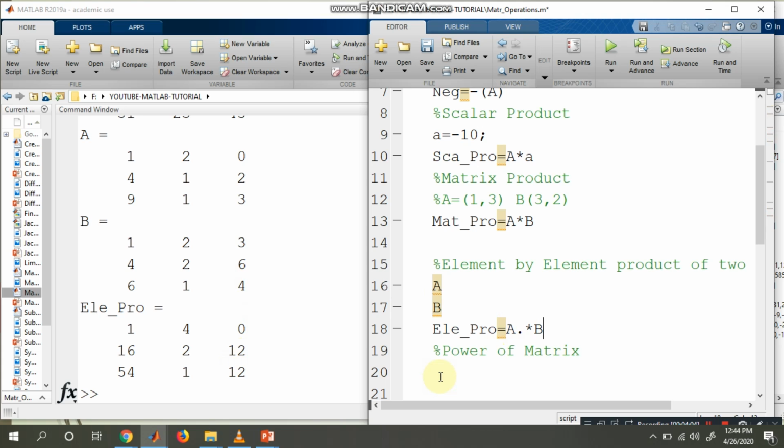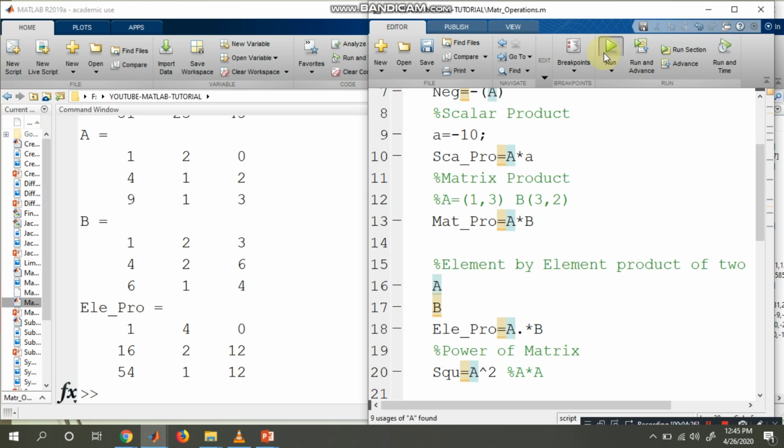How do you execute this? Now let us see. I would like to find the square of A. The square of A, you can simply take A square. It is nothing but A star A. See what the square of A is.